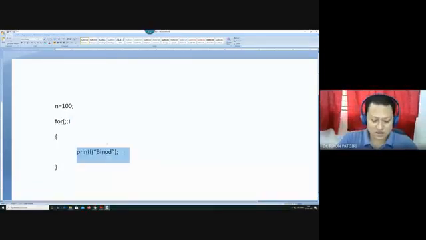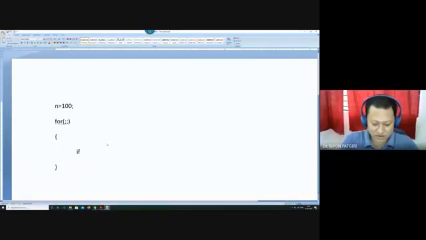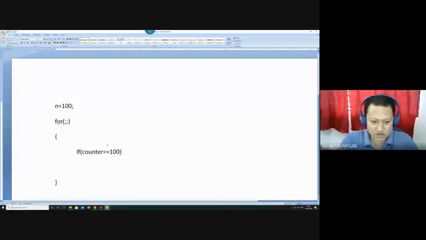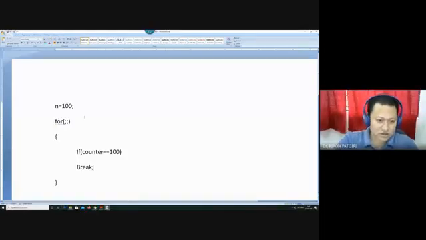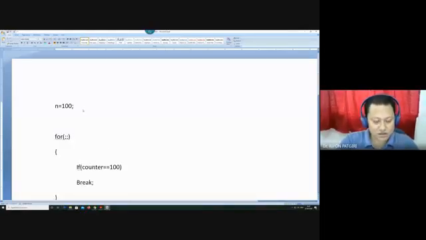If counter equal to 100, then break. Now counter equal to 0.